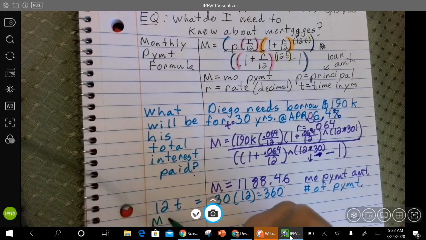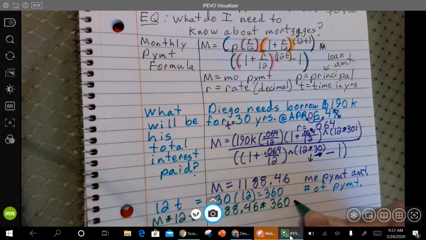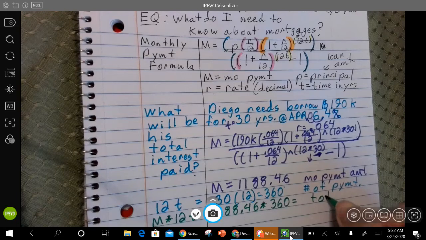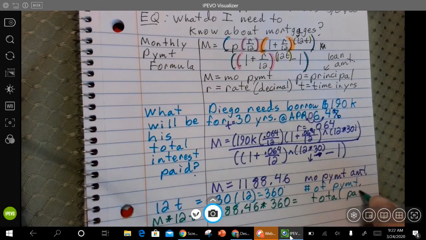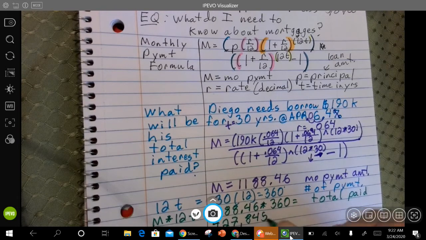Okay, so M times 12T. Okay, and this is the total paid. So in the 30 years, this is how much is paid. So Diego paid $427,845.60.